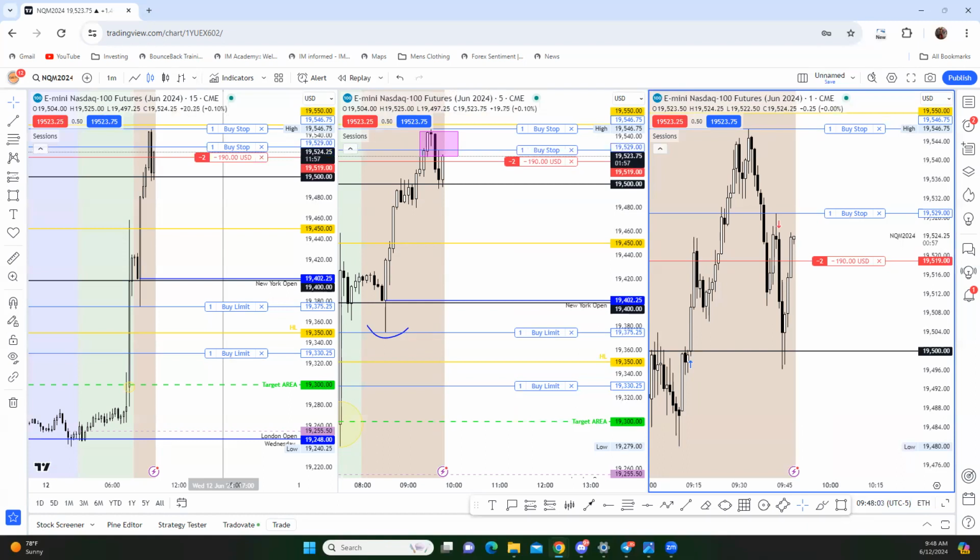So price is still showing a bit of signs of strength right there. We shall see.